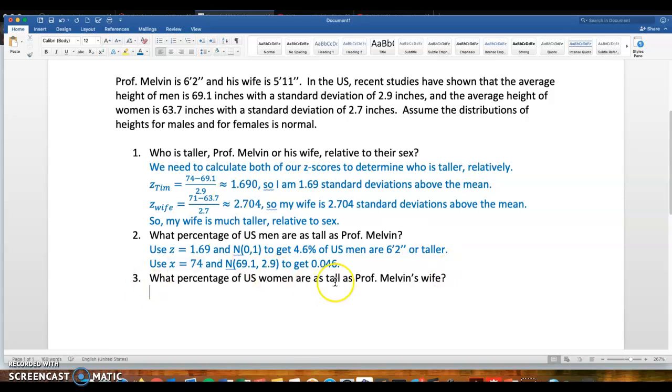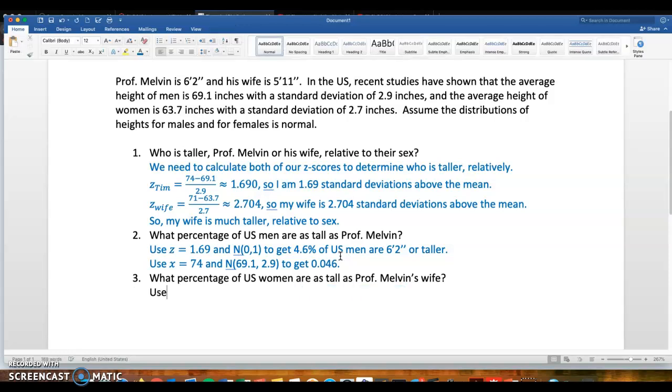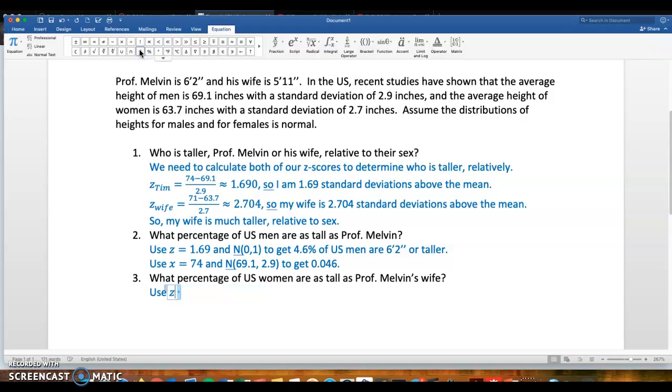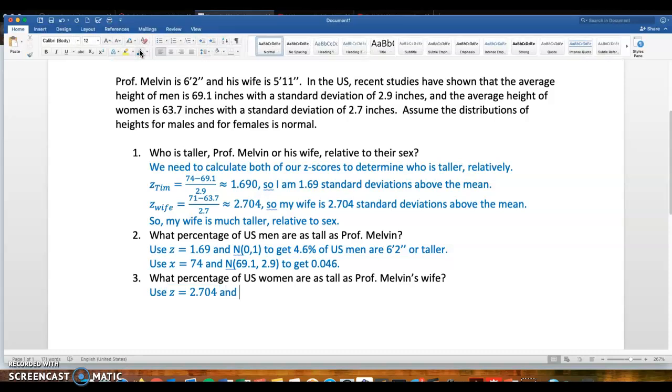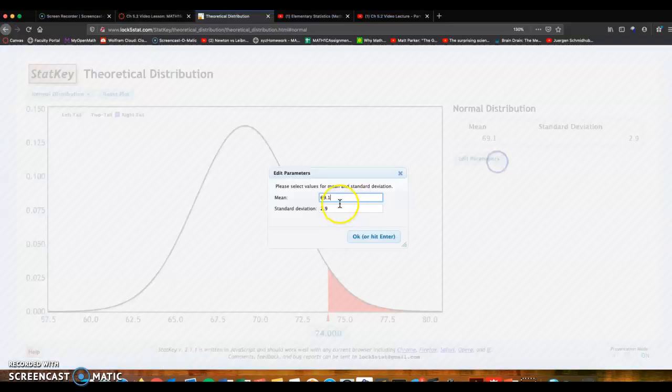All right, so for my wife's height, let's just use the z-score. Her z-score is 2.704. If I use the z-score, I need to go back to the standard normal distribution where the center is 0 and the standard deviation is 1. So edit parameters, make that mean 0, standard deviation 1.